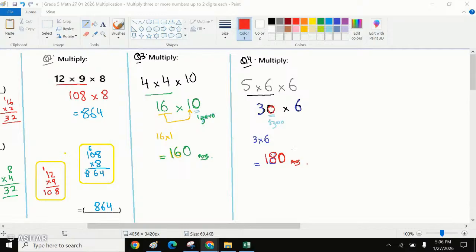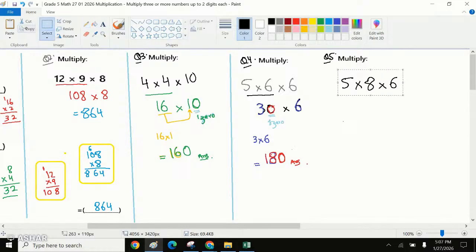Moving ahead to the next question. Question number 5 says multiply 5 multiplied by 8 multiplied by 6. Let's look at the condition over here.